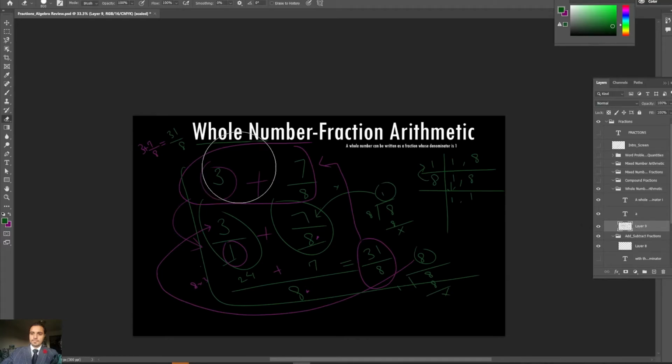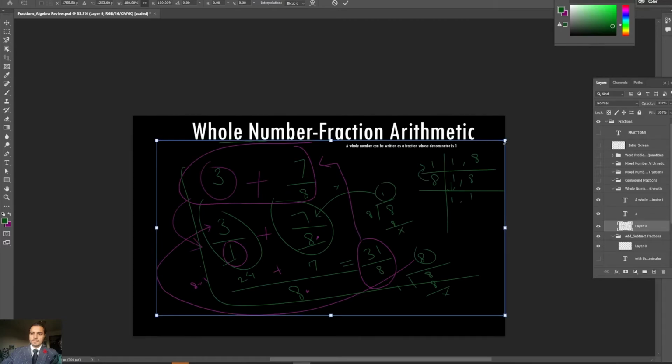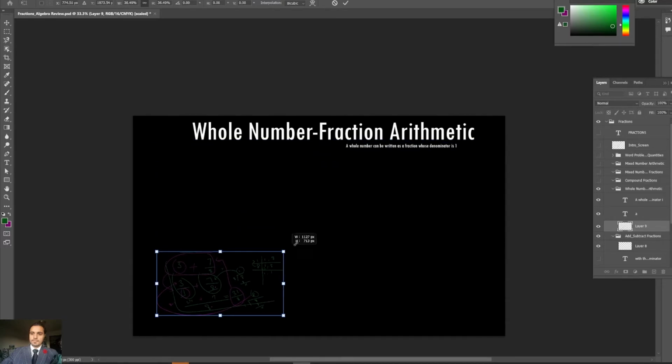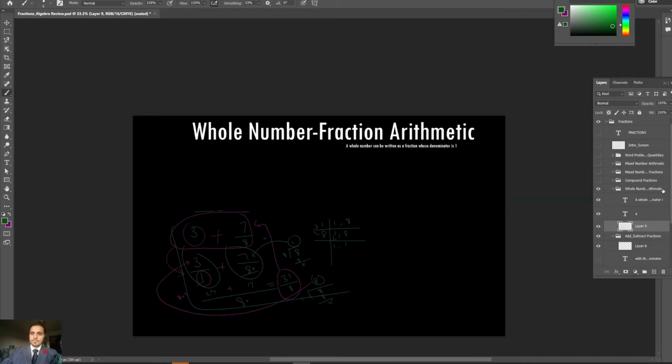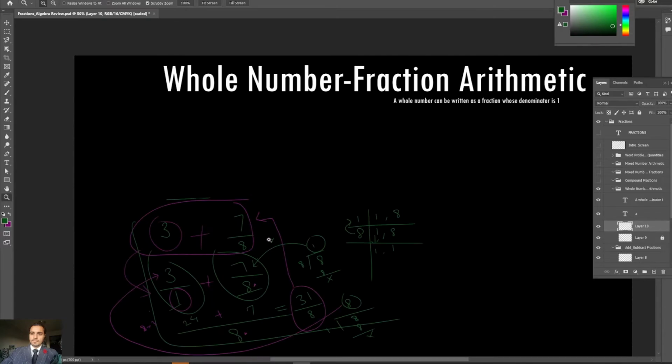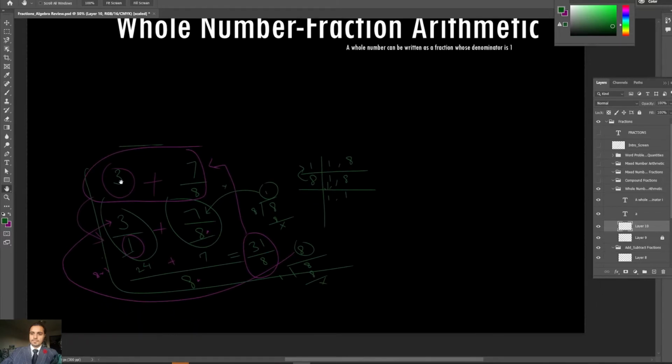But we could have done it in an easier way too. How could we have done that in an easier way? This is our numbers, right? 3 plus 7 over 8. And we did all these steps where we first converted the whole number into a fraction by 3 divided by 1, 3 over 1.